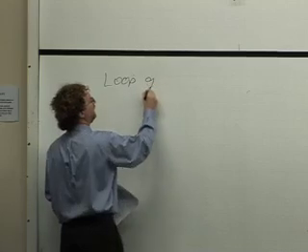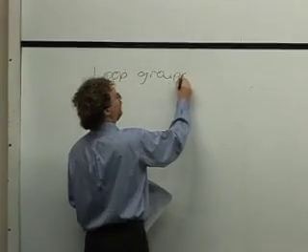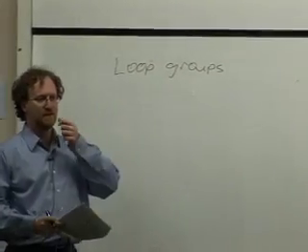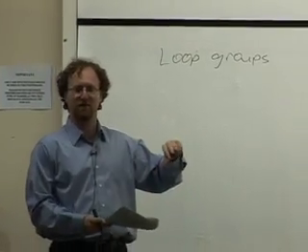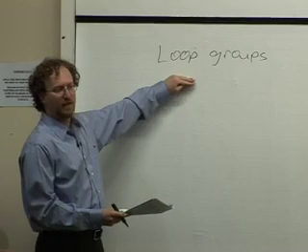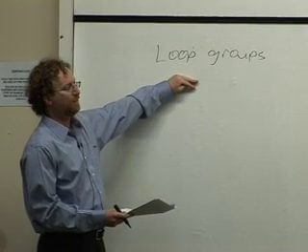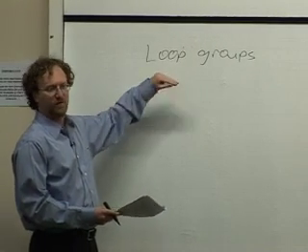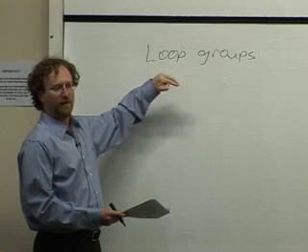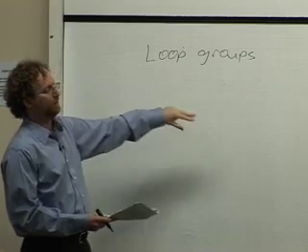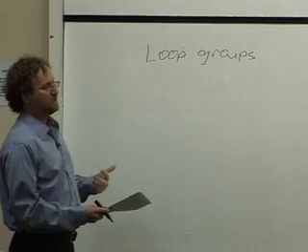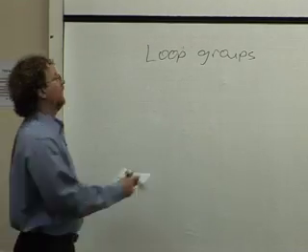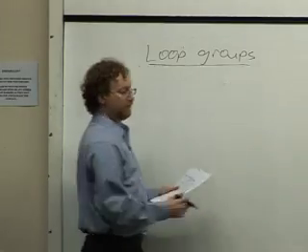Of course, everything is going to get technically more difficult, but hopefully, when I run out of time, I'll have expressed the message that going to loop groups, while it seems a lot more difficult in some ways, is going to introduce a lot more symmetry. And it's symmetry that we can really exploit and actually use to make progress on classical problems. So introducing this loop, in some sense, is going to make a lot of things more commutative. And that's going to be a very powerful tool.